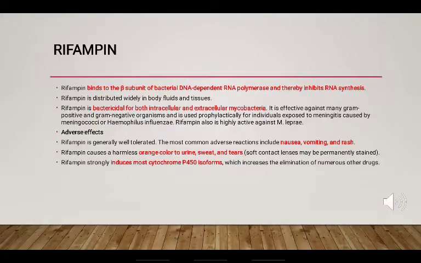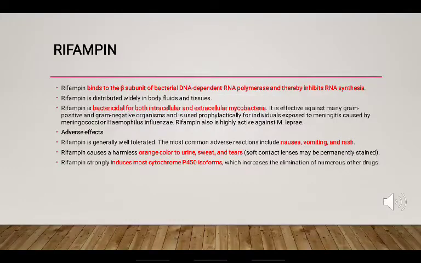An example of this: a woman comes to you taking contraceptive pills, and you give her rifampicin. After a period she comes back and says, Doctor, I became pregnant, even though I'm taking the pills and I've never missed a pill. So why? Because you gave her rifampicin, and rifampicin increases the metabolism of her contraceptive pills, so they are not effective anymore, and she ended up being pregnant.